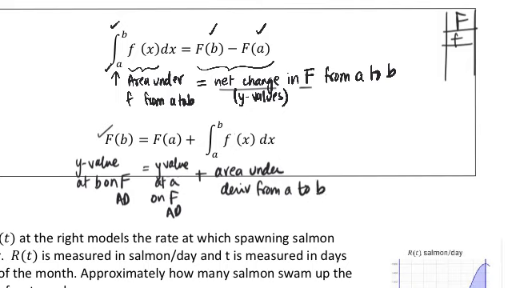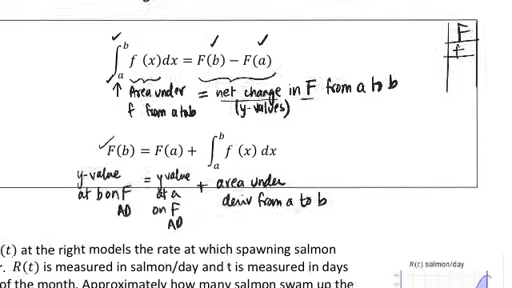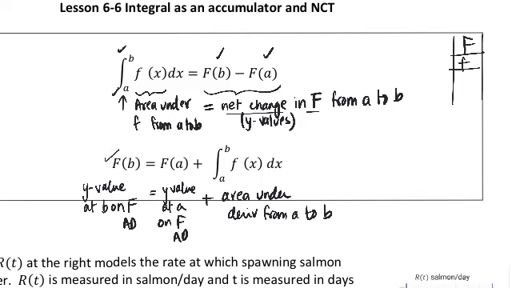Okay, so this is what the two equations are saying, and this is the idea of the net change theorem. Here we see the net change in the antiderivative going from a to b. That is going to be equal to the area, right?